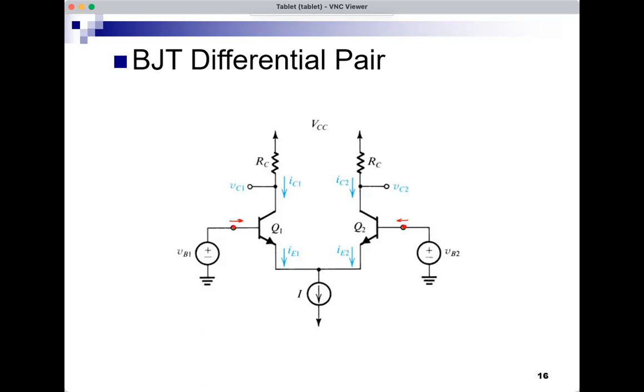And if there is any difference between them, we can show the same way we showed for the MOSFET case, that there will be an output voltage and it will be an amplified version of the difference between the two inputs. And we can take the output from the first collector from here, or from the second collector, or between the two collectors. So just like the MOSFET case.